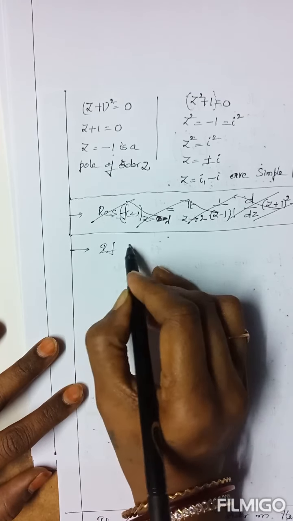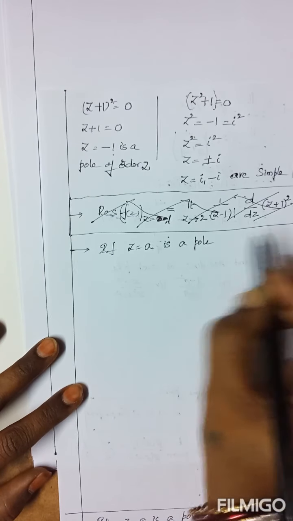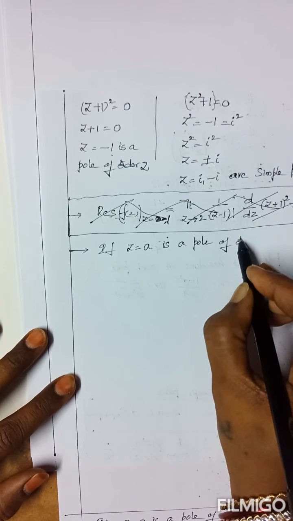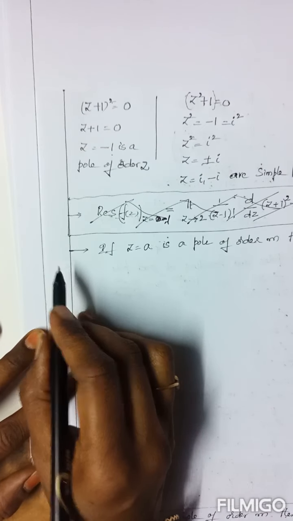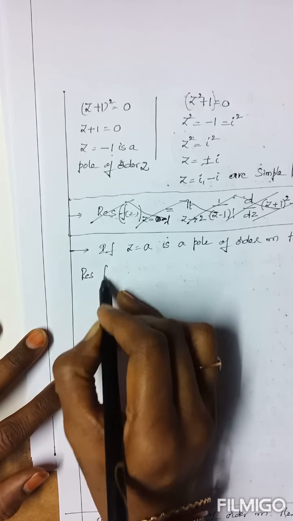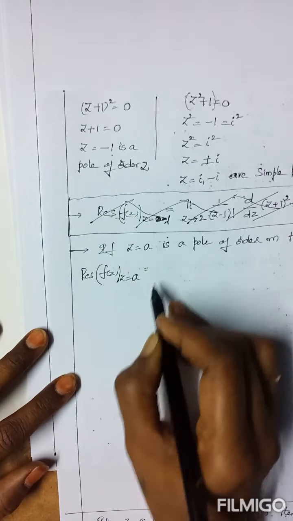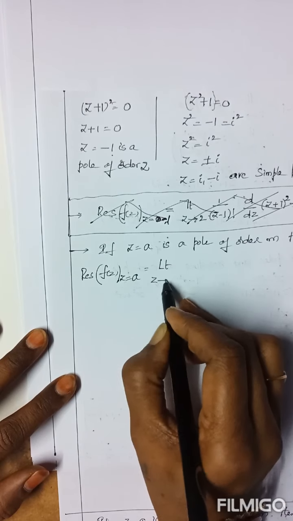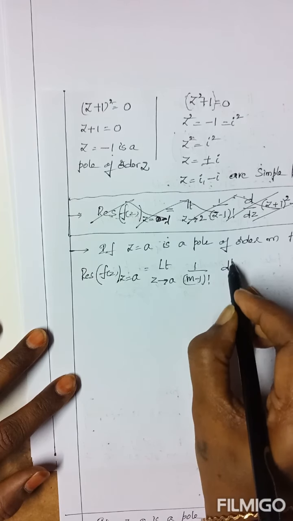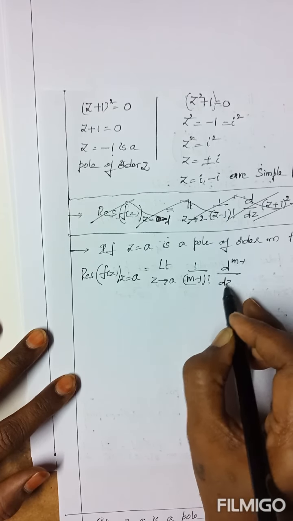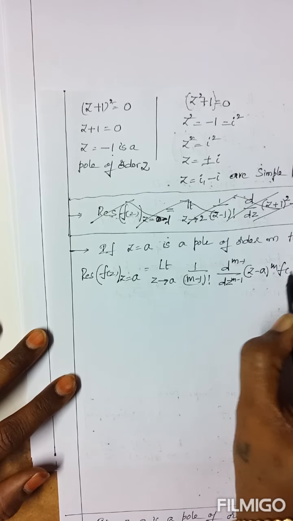If z equal to a is a pole of order m, then residue of f of z at z equal to a is given by the limit as z tends to a of 1 by (m minus 1) factorial times the (m minus 1)th derivative of (z minus a) whole power m into f of z.